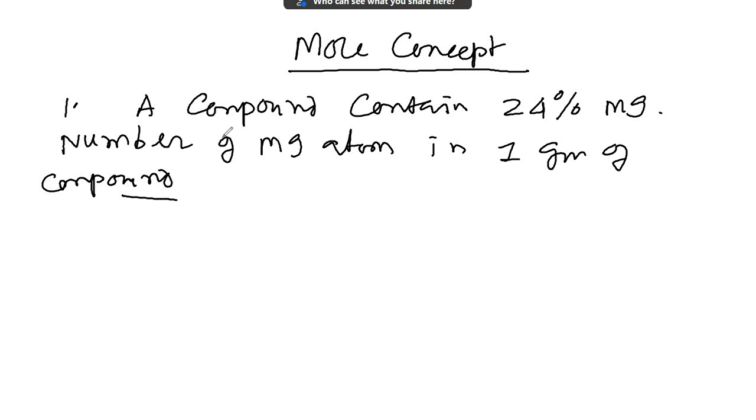First of all, whatever problem is given, as the name is mole, we have to find out the mole. We can derive mole in 3 ways. Mole is equal to mass given by atomic mass.